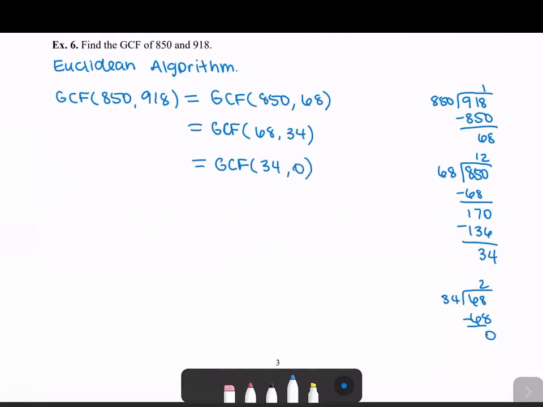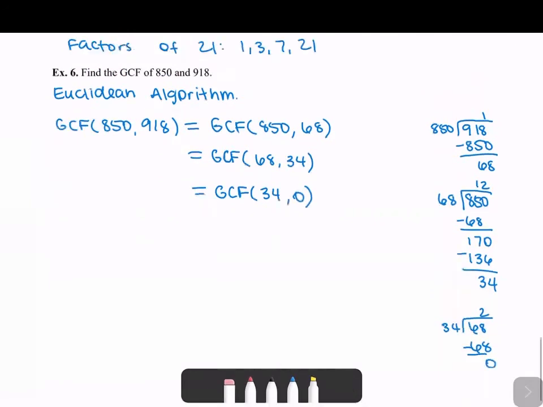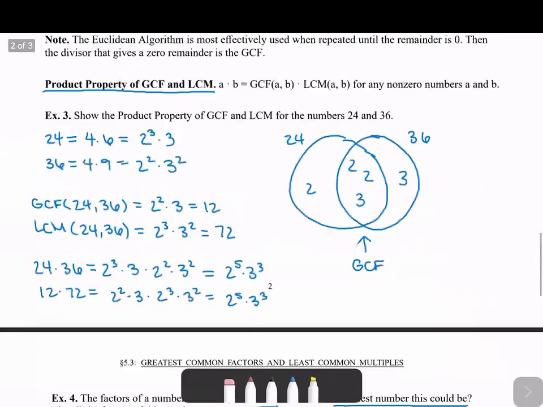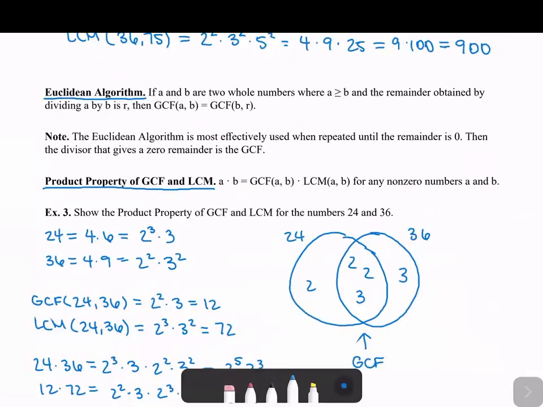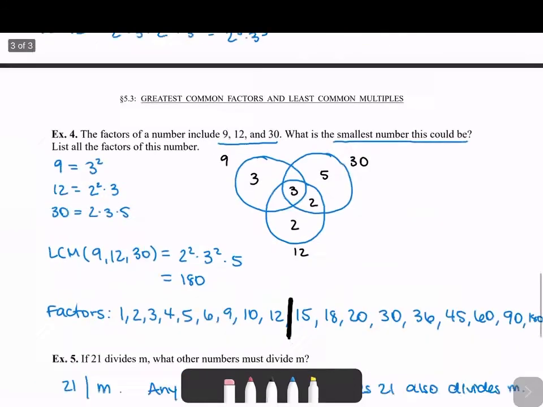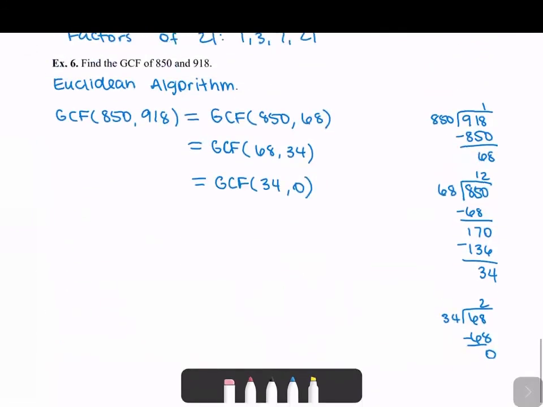Okay, so we have that little note up here that said the Euclidean algorithm is most effectively used when repeated until the remainder of 0, then the divisor that gives the 0 remainder is the greatest common factor. So that tells us here that the greatest common factor is 34.